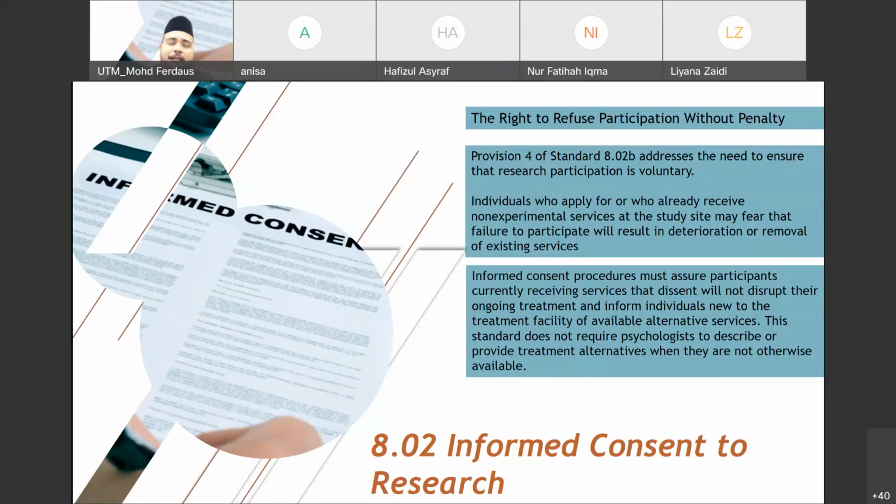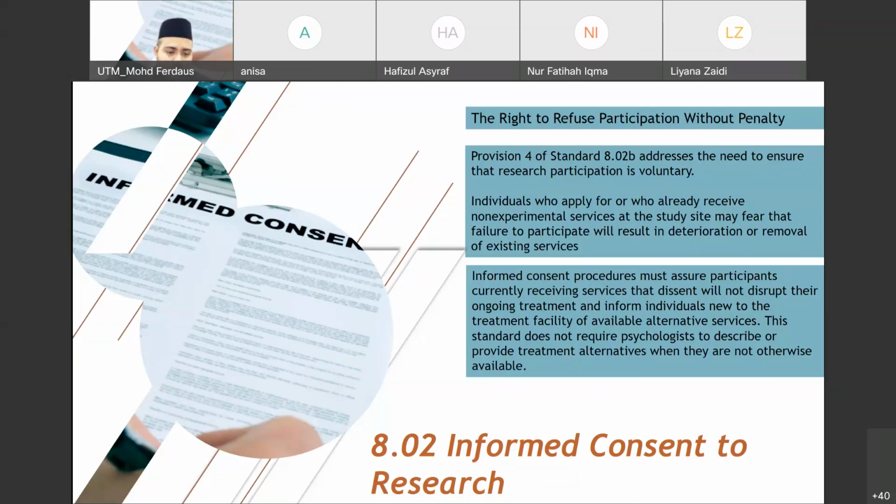Okay? Same as I mentioned before, the compensation, the incentive that we give to our respondents, our participants. So they may be afraid that if they withdraw, when they don't feel comfortable with the research, with the experiment, it creates more stress for them joining our research. So they want to withdraw.